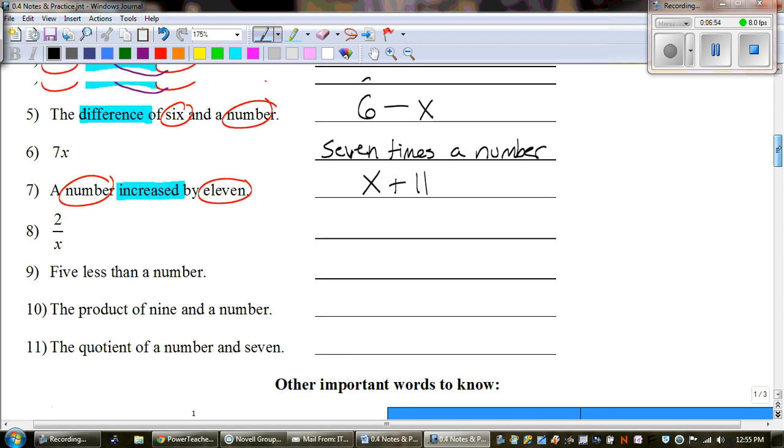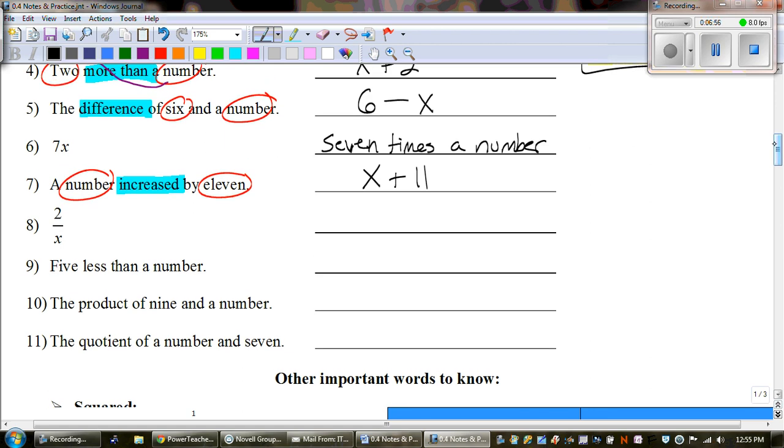Okay. Okay, what about 8? Well, you could say 2, and that's being divided by a number. I like using the word quotient a lot. So you could say the quotient of 2 and a number as well.